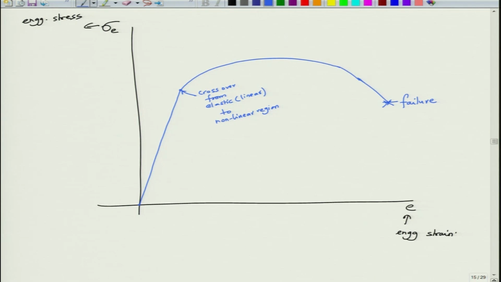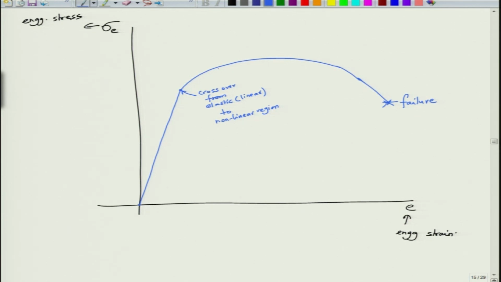What we were discussing is this stress strain curve for materials. This is what most ductile materials will show. There is a crossover from the elastic or linear region to the non-linear region, which is the plastic region.